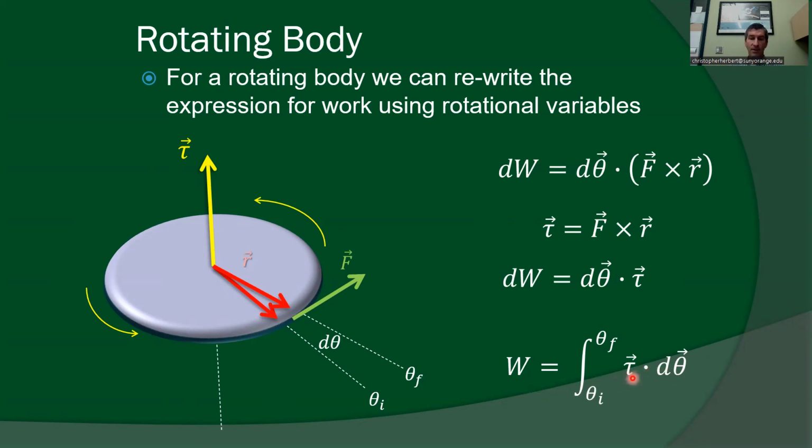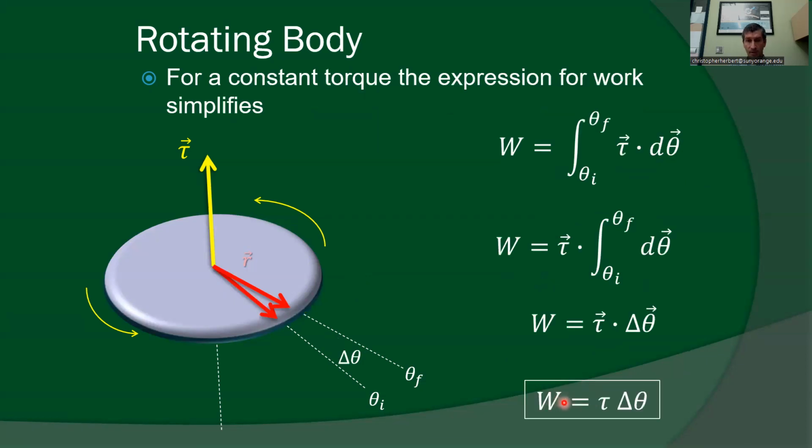Now, if tau is a constant, I can bring tau out in front, and then my integral just becomes the integral of d theta. So the work done for a constant torque is equal to the torque times the angular displacement. All right. So exactly what I expected.